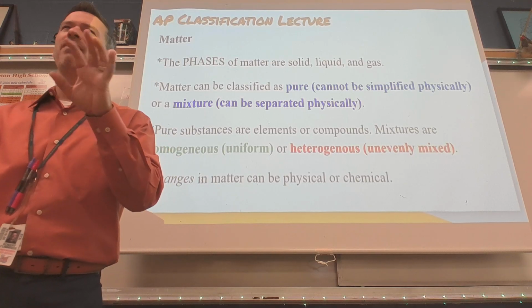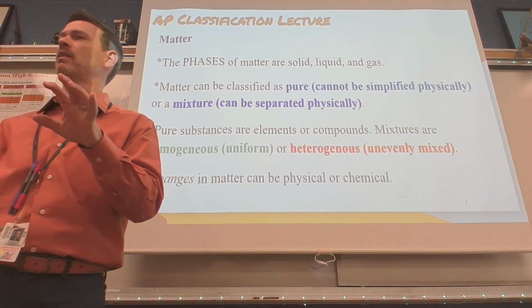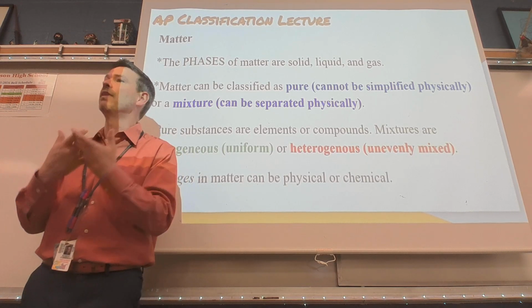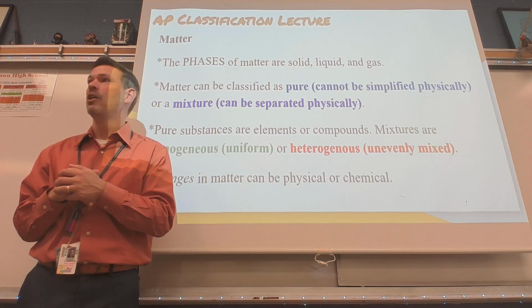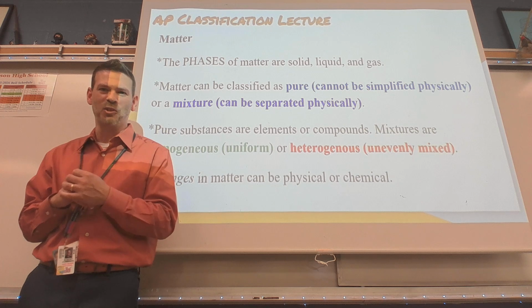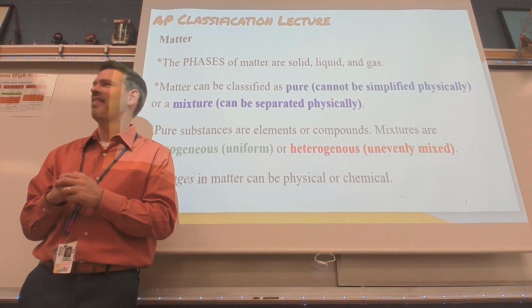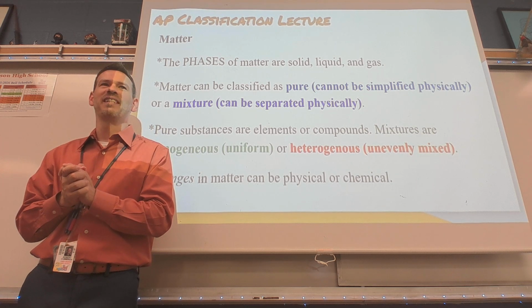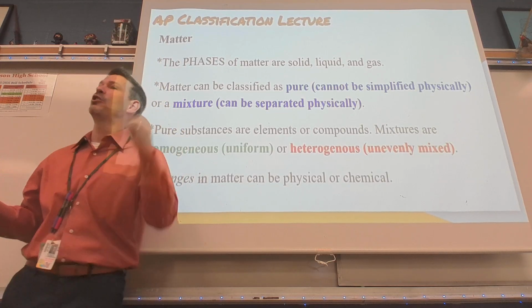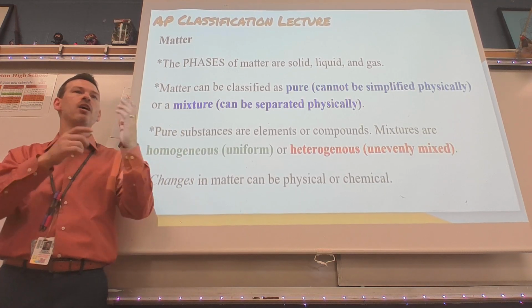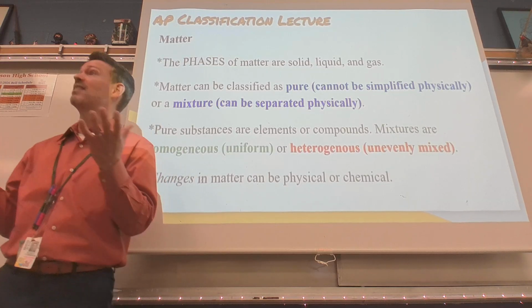But that's not how a heterogeneous would work, because with a heterogeneous mixture, everyone would have a slightly different experience, because it's not evenly mixed. What's a good example of a heterogeneous mixture? Trail mix. All three classes went to trail mix for that question. I'm glad that that's our shared example. Trail mix is a good example because if everybody took a handful out of a trail mix bag, you'd all have different amounts of different stuff, right?